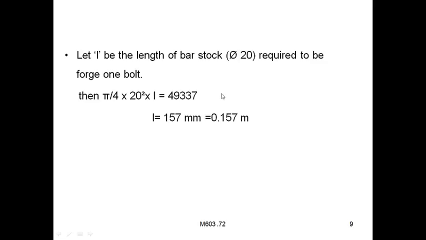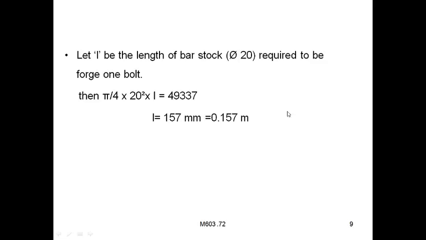So volume is equal to pi by 4 d square into L. This is the area of cross section multiplied with length. So this is the total volume for one piece, and you have already calculated the volume required for one object. This is one way. Otherwise you multiply this total volume with 100, and that is equal to pi by 4 into 20 square into L.